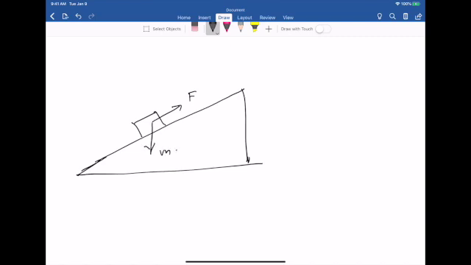So there's mg acting down like this. There is the normal force acting like that. There is friction, maybe kinetic friction acting this way. So there's a bunch of different forces acting on the box, right? And the box moves from the bottom of the incline to the top of the incline, right?